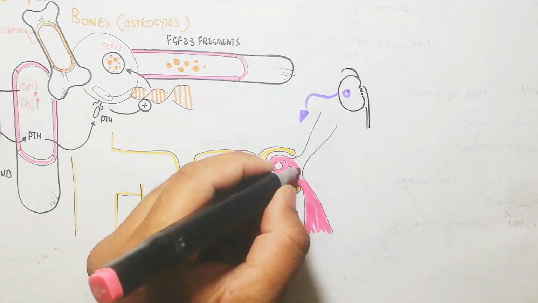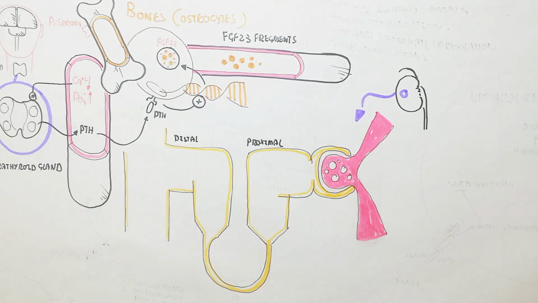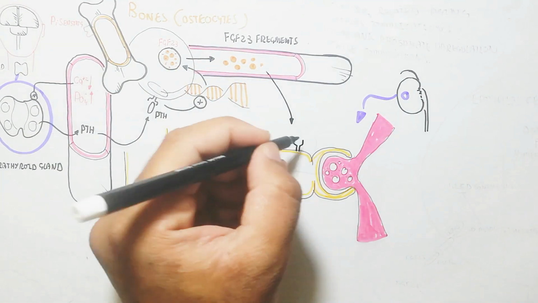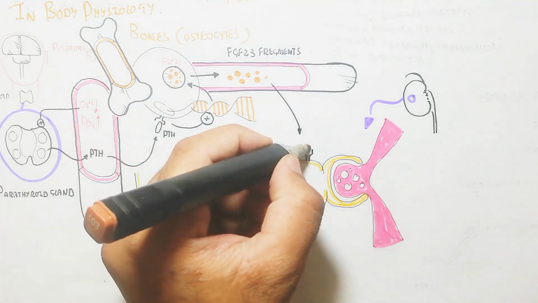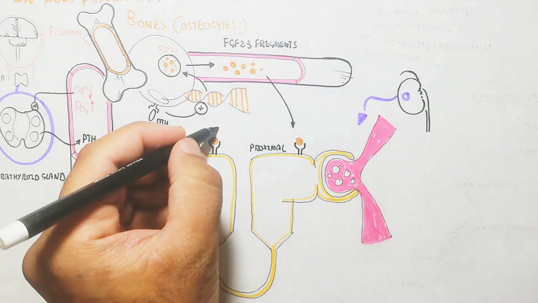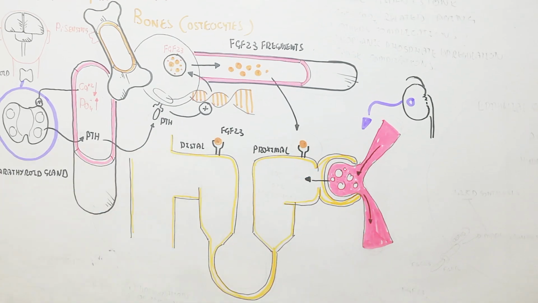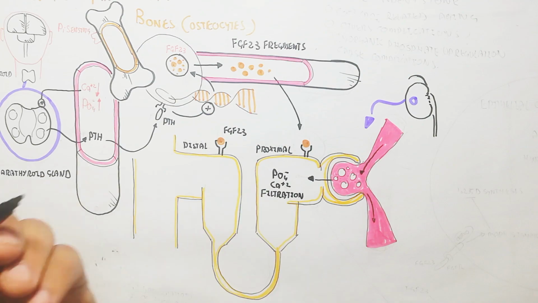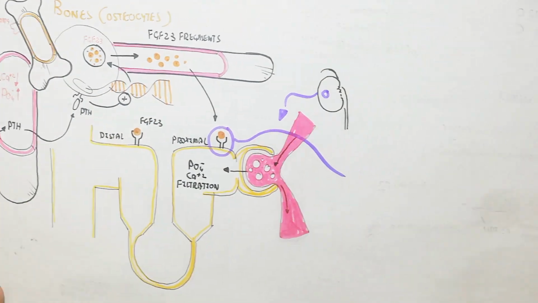This is the nephron, which shows the glomerulus and the Bowman's capsule. The proximal convoluted tubule contains an FGF receptor, and so does the distal convoluted tubule. The filtrate contains a lot of substances, but we are just focusing on phosphate and calcium.